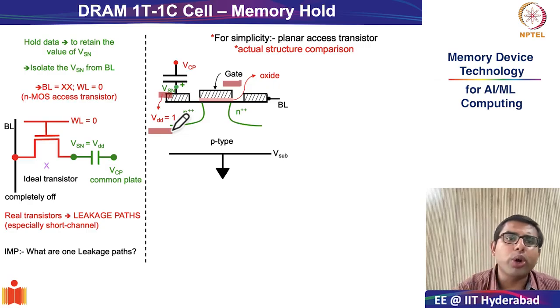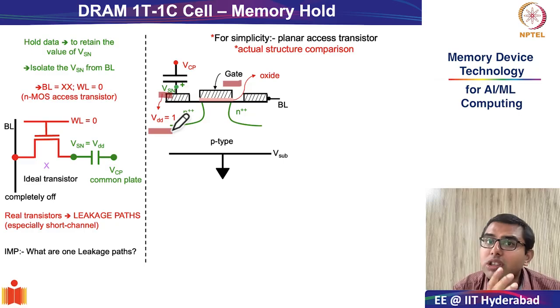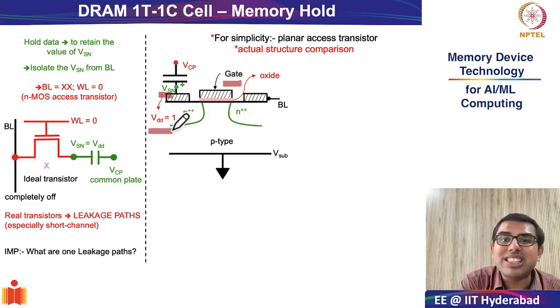Or basically what you are saying is that you have stored a logic value of 1, or the voltage in the storage node is VDD. So under this most critical circumstance, what will be the different paths through which the voltage or the charge in the storage node will start leaking out? So let us try to track them one by one.